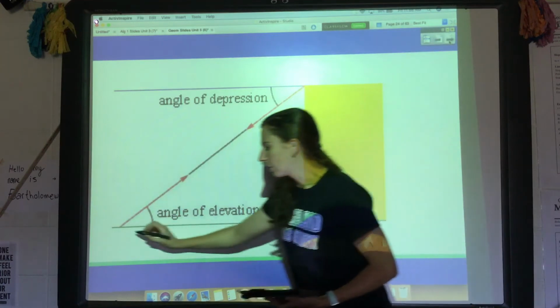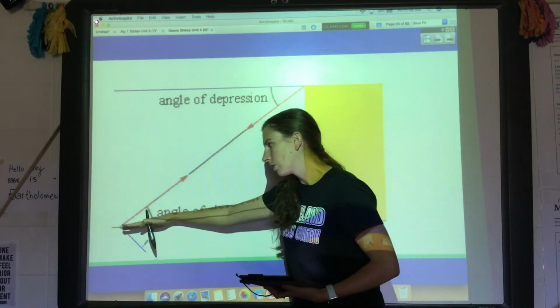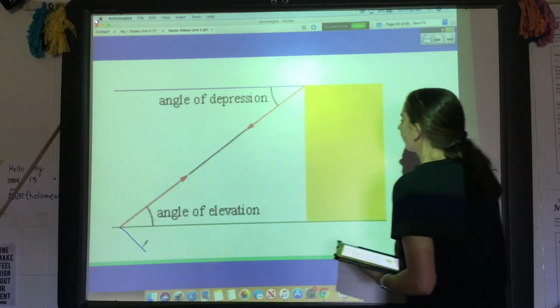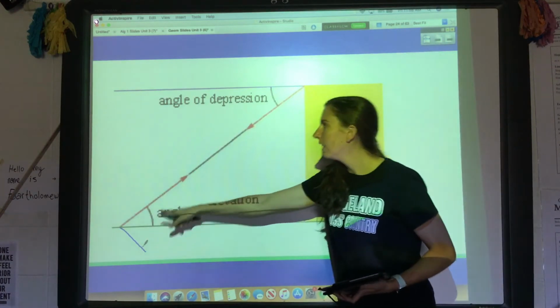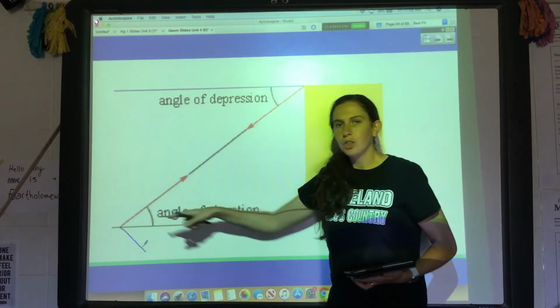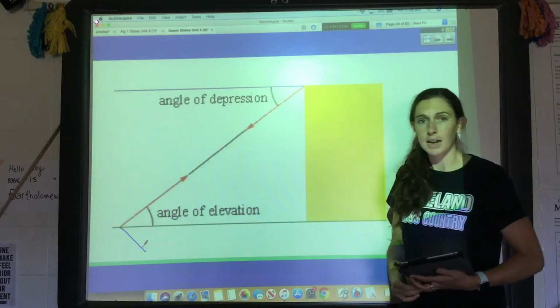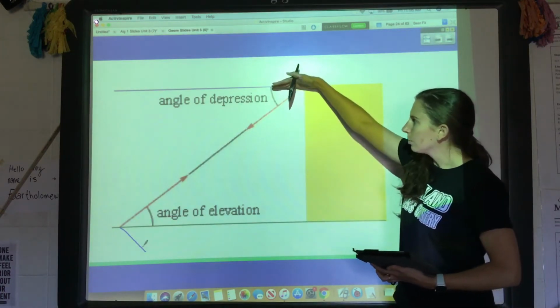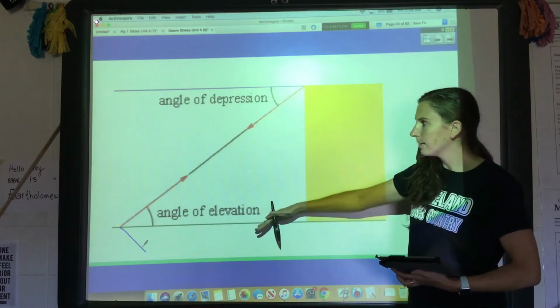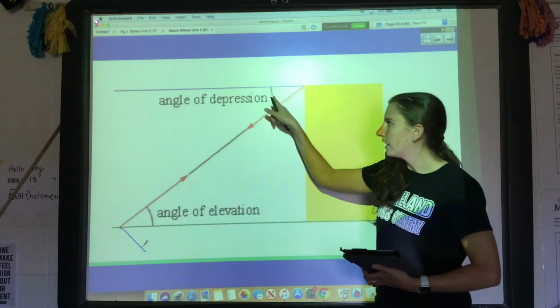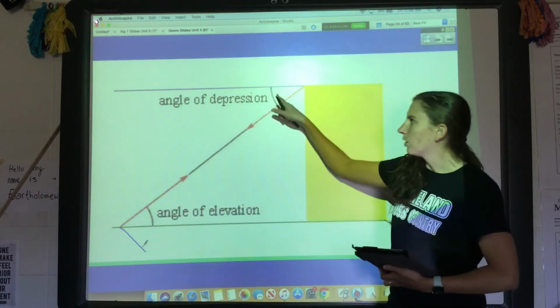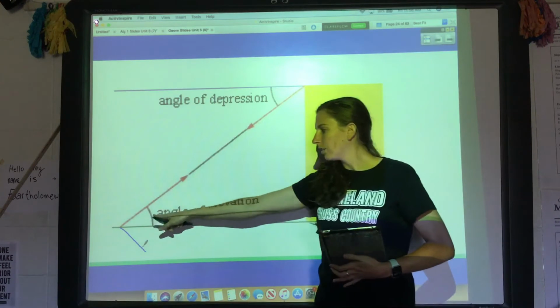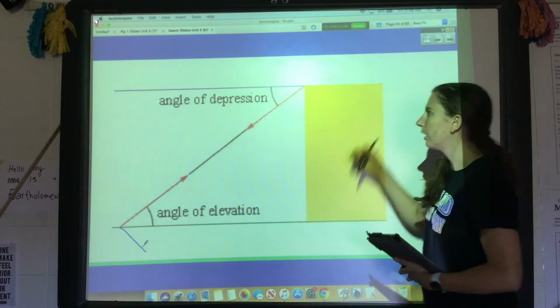An angle of depression could have come down this way too, starting horizontal and going down. The angle of elevation and depression should be the same because these are basically parallel lines making alternate interior angles. So that angle of depression there and this angle of elevation here should be congruent.